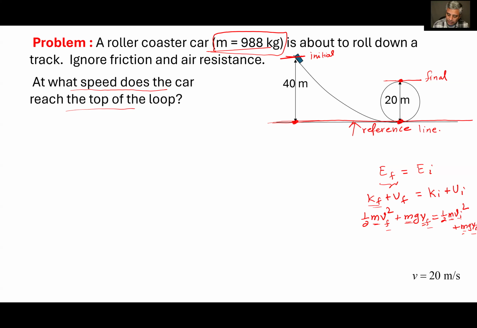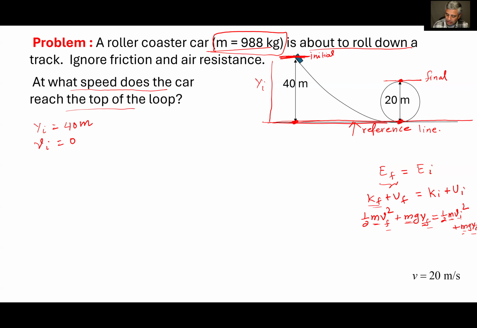So it's starting from here. This is going to be the initial position, y_i. So y_i is 40 meters, and initial speed is 0 because it's just about to roll down. That means it is not already rolling down, it starts from rest, right? And let's move to the final side here, the final position.